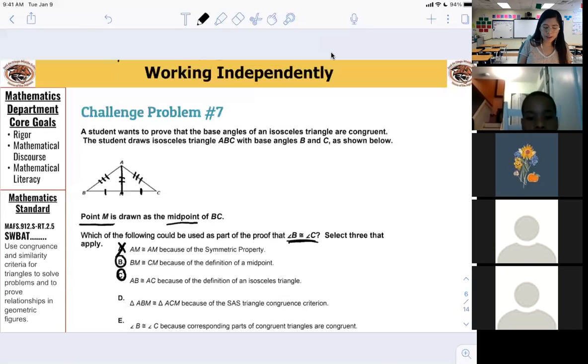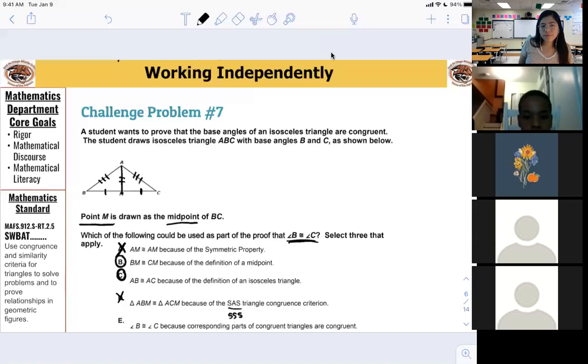Can I use SAS to prove that they are congruent? No. What should I be using instead? SSS. It should be SSS, not SAS. So this is false.